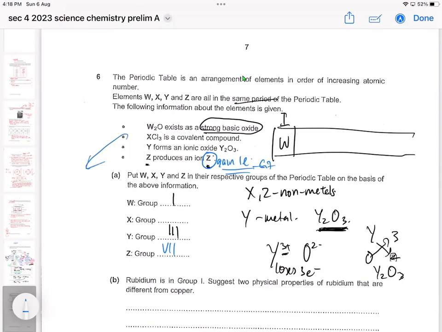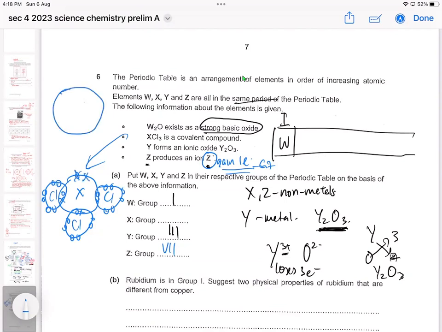And the last one, XCl3. Because it's covalent, that means most likely it combines with chlorine like this. So let's say chlorine is circled. In order for the formula to be like this, it should be something like this for our X. And then on top, there should be two more that are unbonded.